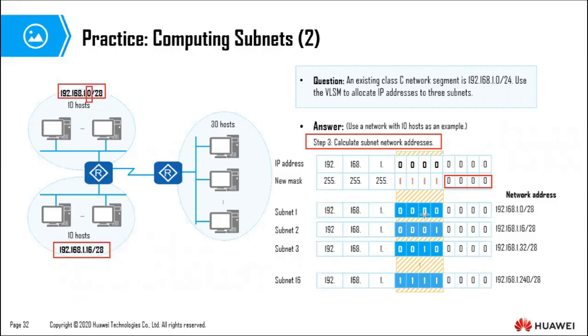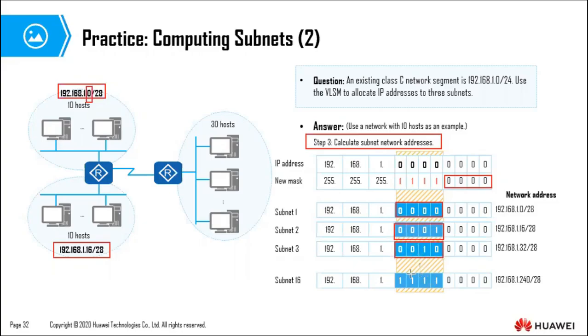So the very first subnet will be 000, then 001, then 2, then 3, then 4, then 5, converted to binary.